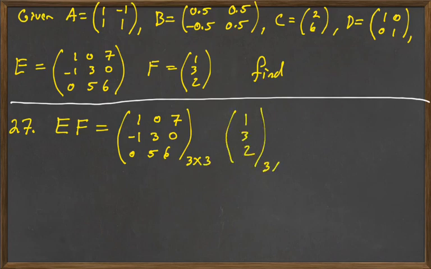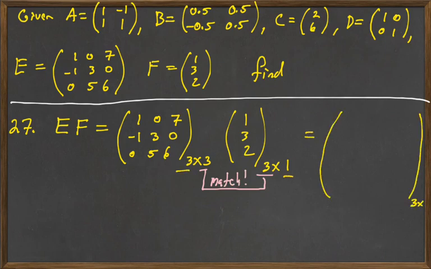Okay, and so columns match rows, so this is good. So this matrix multiplication is defined, and so we're going to have a 3 by 1 matrix. So we'll do row 1 times column 1, so 1 times 1 is 1, 0 times 3 is 0, and 7 times 2 is 14.